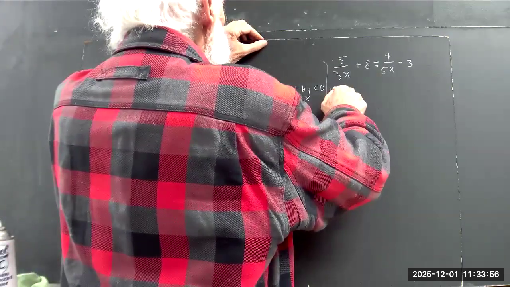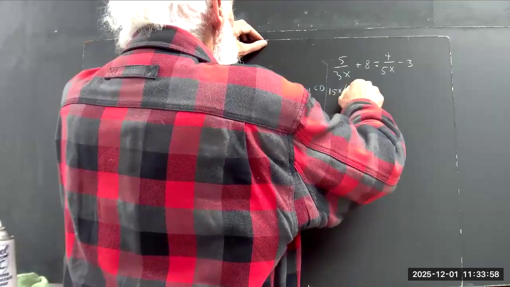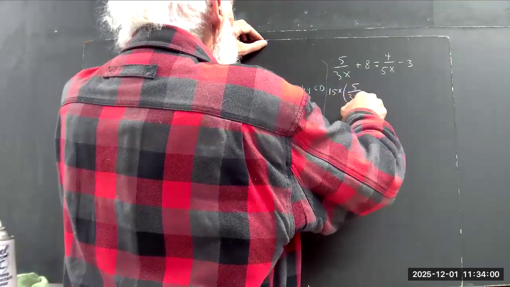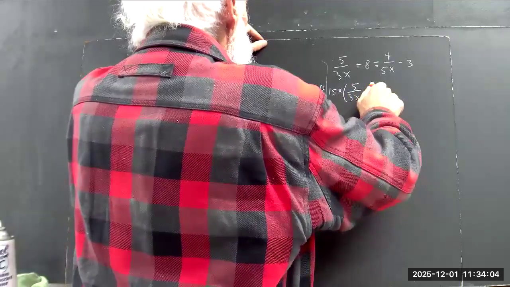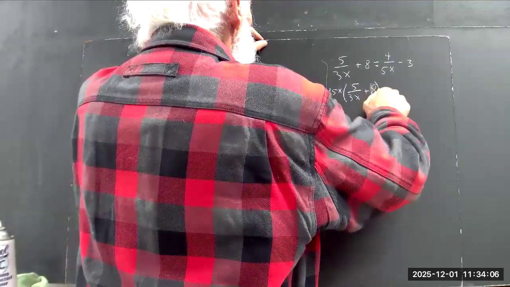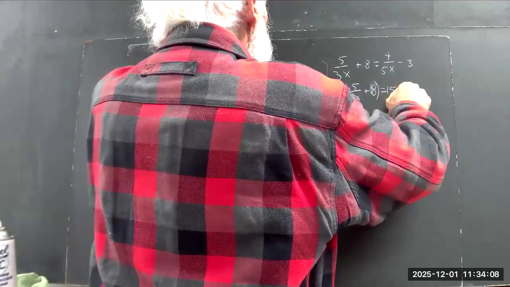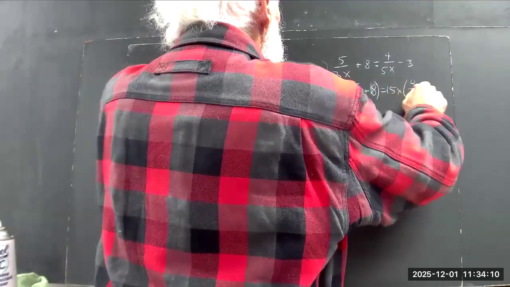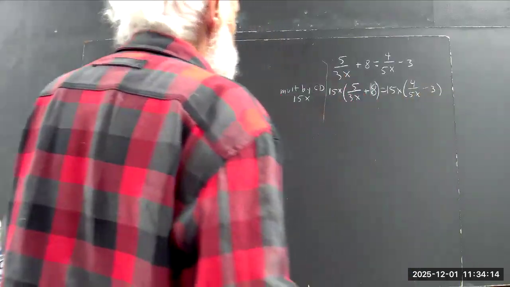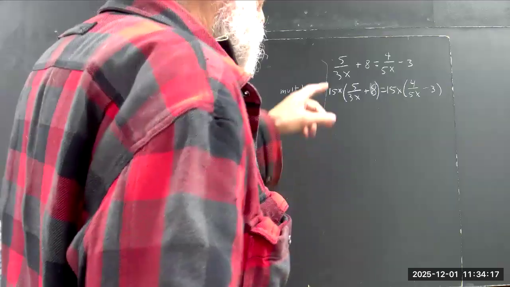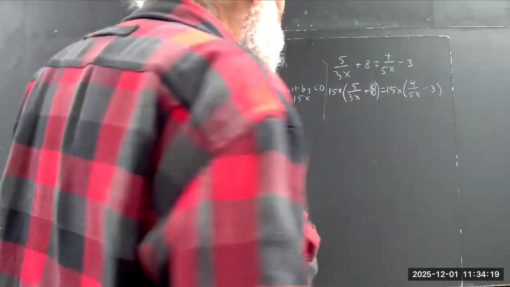So we do 15x times 5 over 3x plus 8 equals 15x times 4 over 5x minus 3. Multiplying both sides by the 15x.